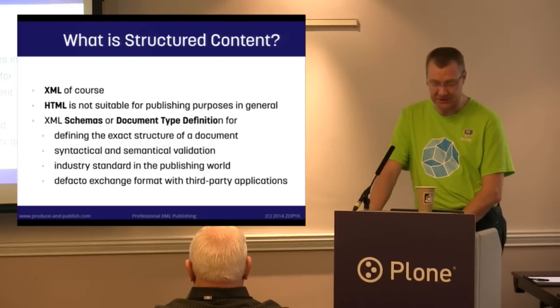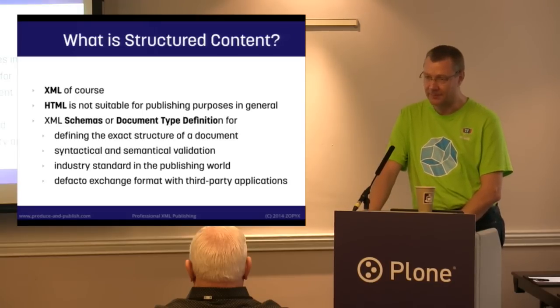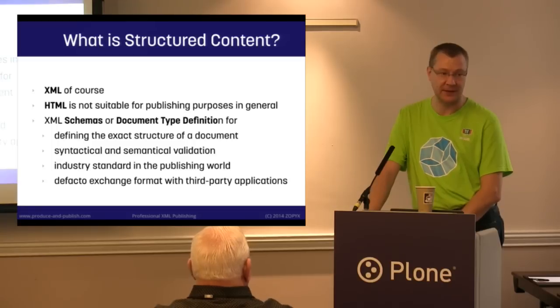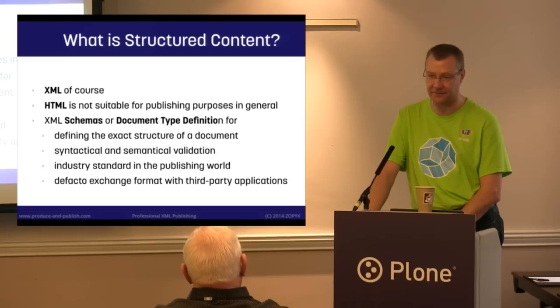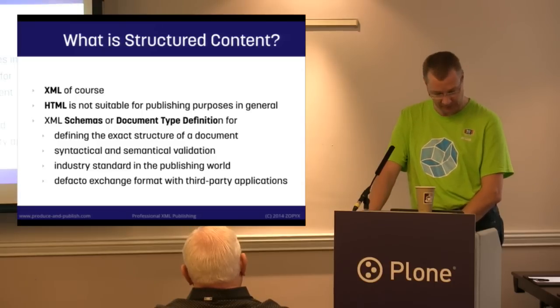And especially in the publishing world, XML is a de facto standard for publishing. So basically all large publishing houses are using XML in some way or another for managing their content and then converting the stuff into different channels like HTML or PDF or EPUB, EPUB3 and so on.